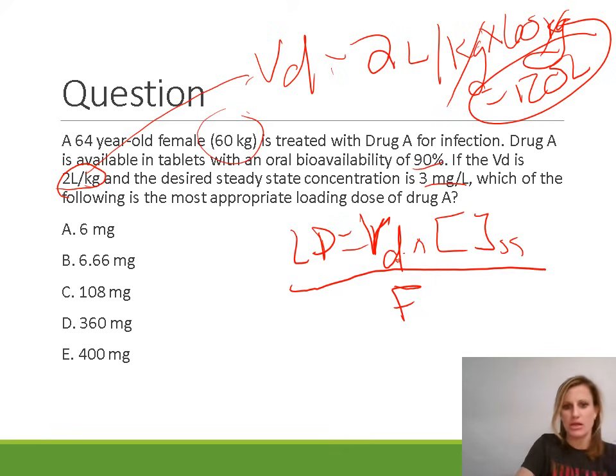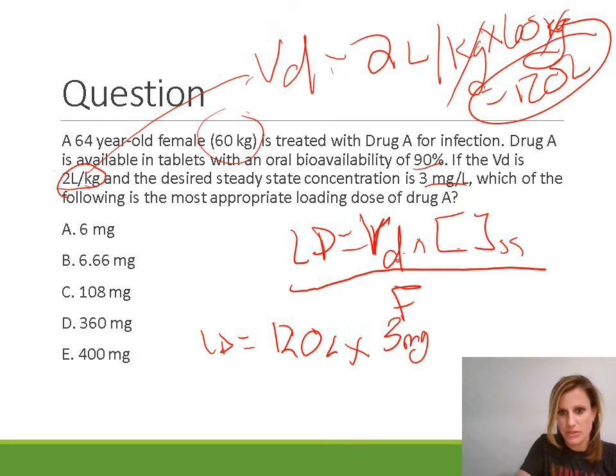So 120. So the loading dose is 120 liters times the concentration we want, which is 3 milligrams per liter, right? So liters is going to cross off, divided by the bioavailability, which is 0.9.